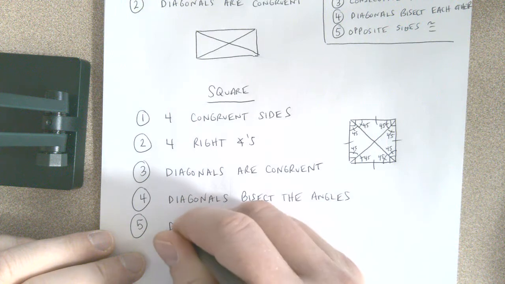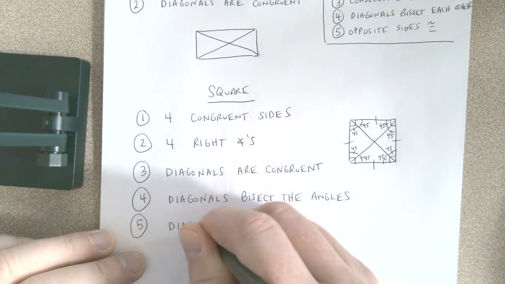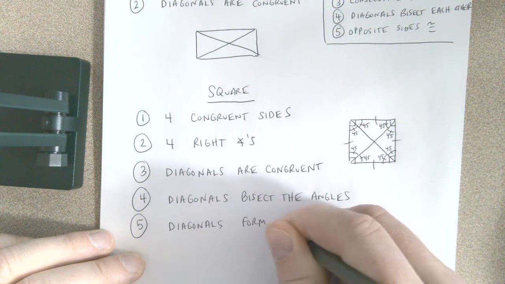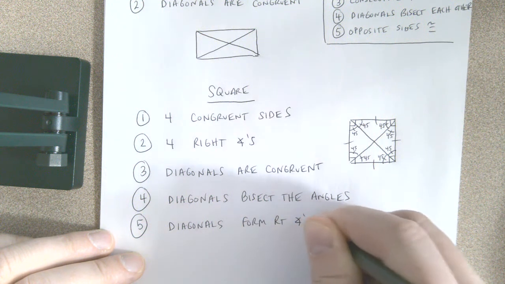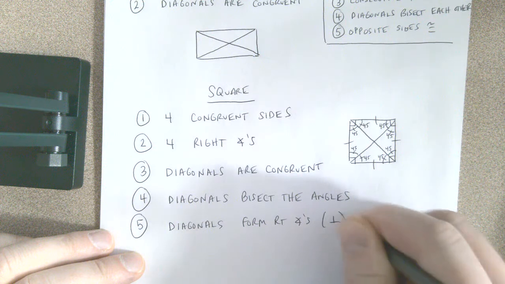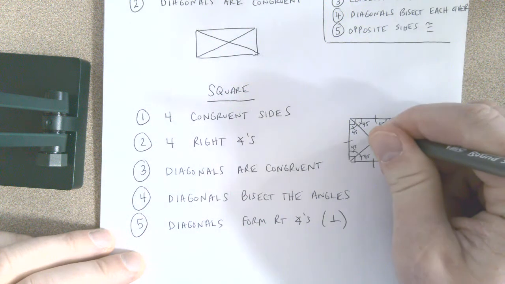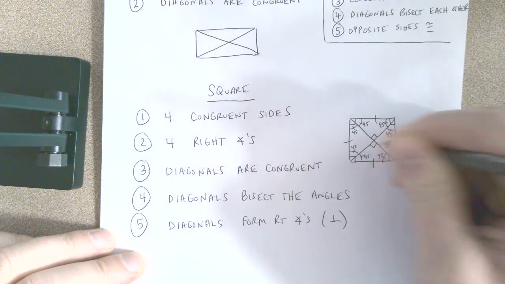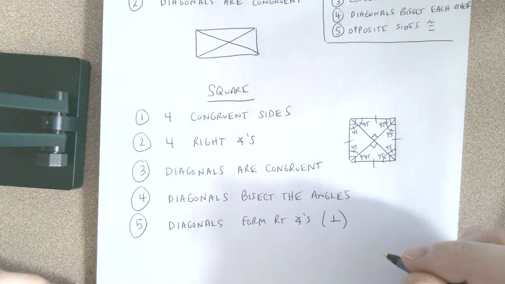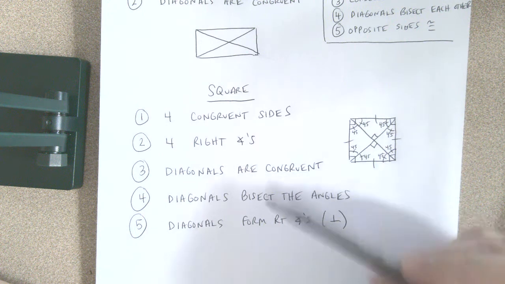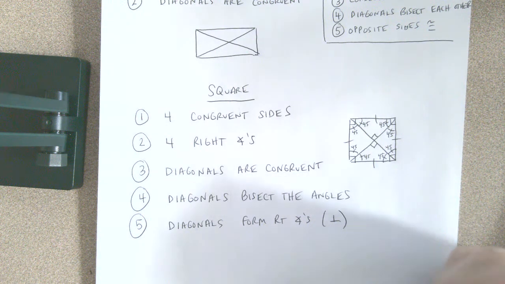So the diagonals form right angles, or another way to say that is they are perpendicular. So these angles in the middle here are going to be right angles. So the square has the most properties.